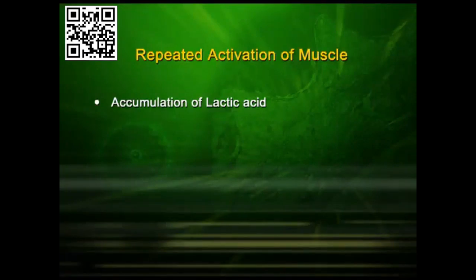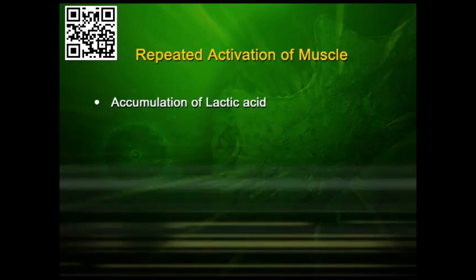Suppose you are cycling or jogging for quite some time, 30 minutes, 40 minutes, then you get tired, you get aches or pains in the leg. Why does that happen? When there is repeated activation of muscle, then there is accumulation of lactic acid. Why is lactic acid accumulated?